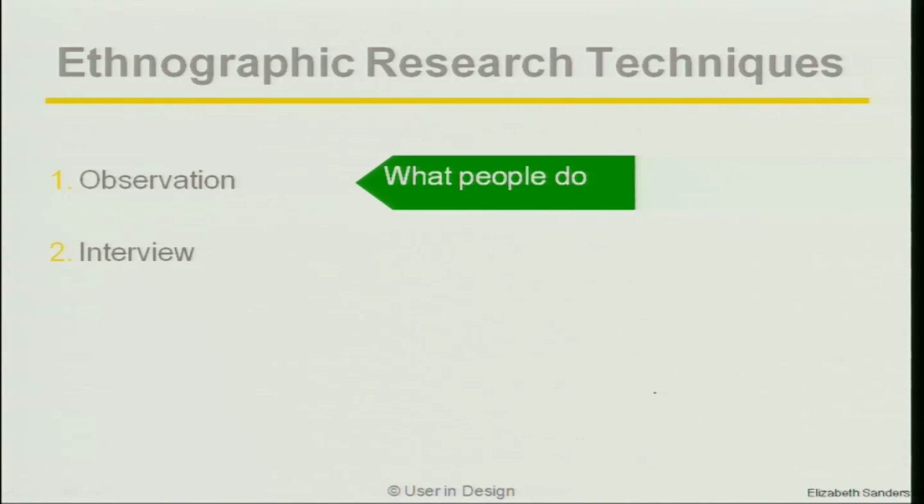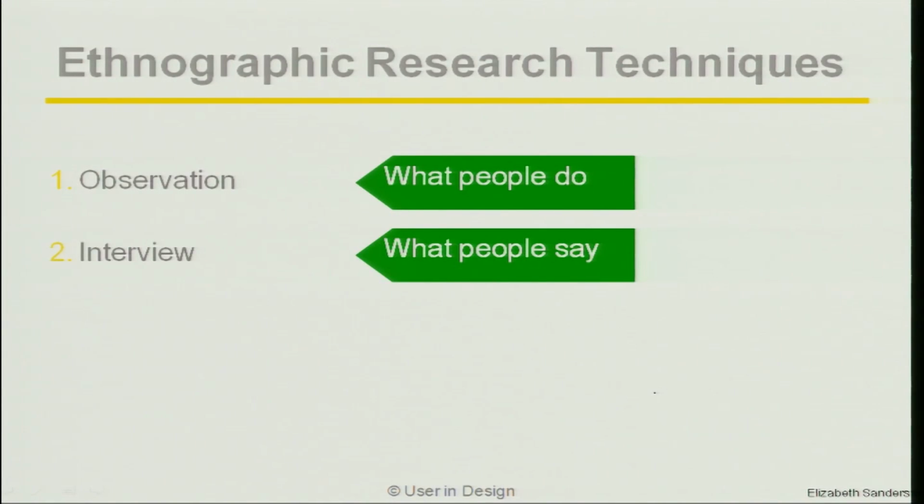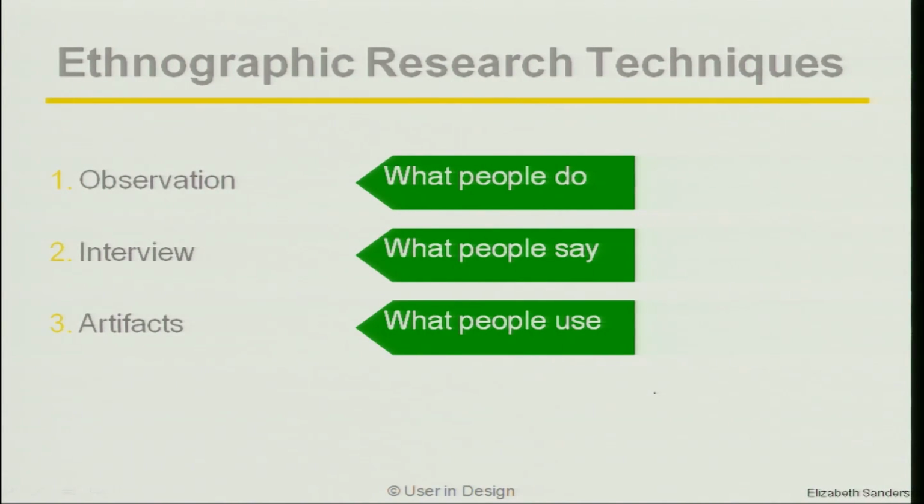The next is interview, where we're interested in what people say. When you ask them questions, what do they say? And then the third is artifacts. What do people use? So let's say you're interviewing the call center operator, or you're interviewing the station master at the railway station. What kind of tools and techniques does she use?